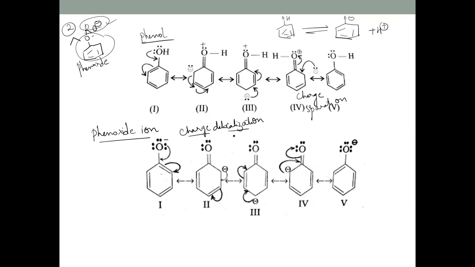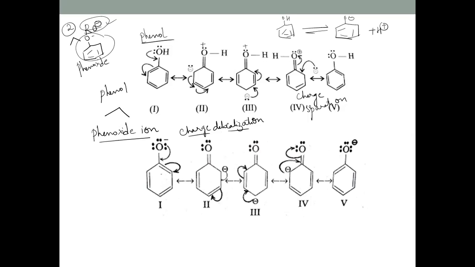So we know that resonance structures with charge delocalization, or without charge separation, are more stable when compared to resonance structures where there is charge separation. So phenoxide ion is more stable than phenol.